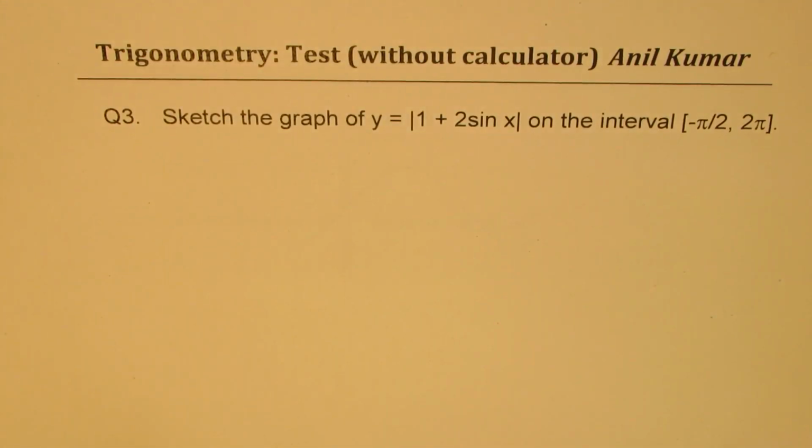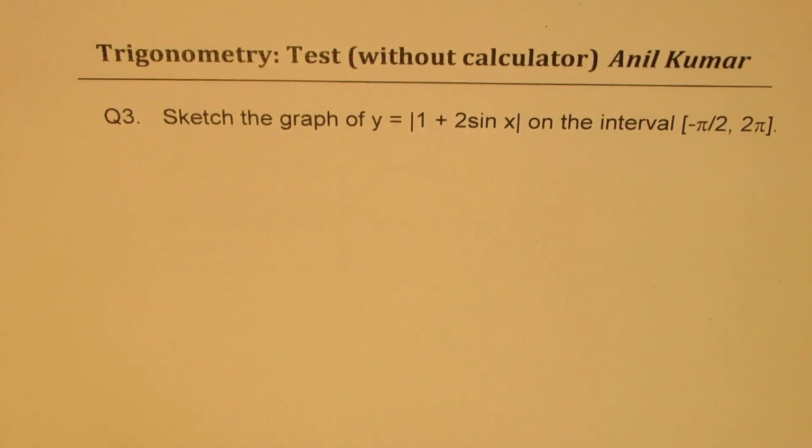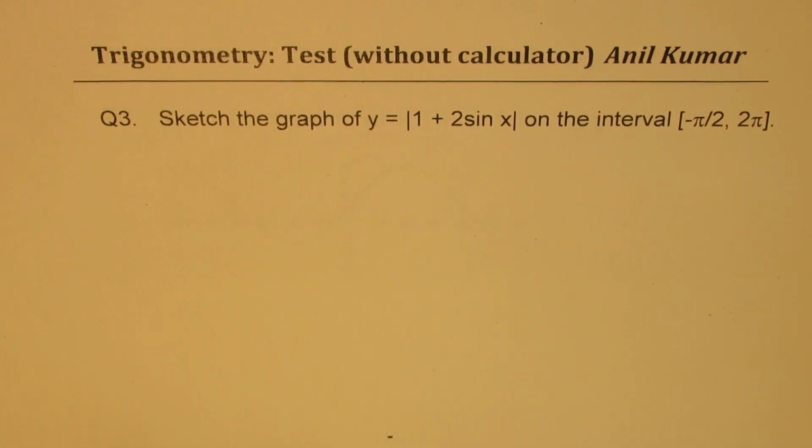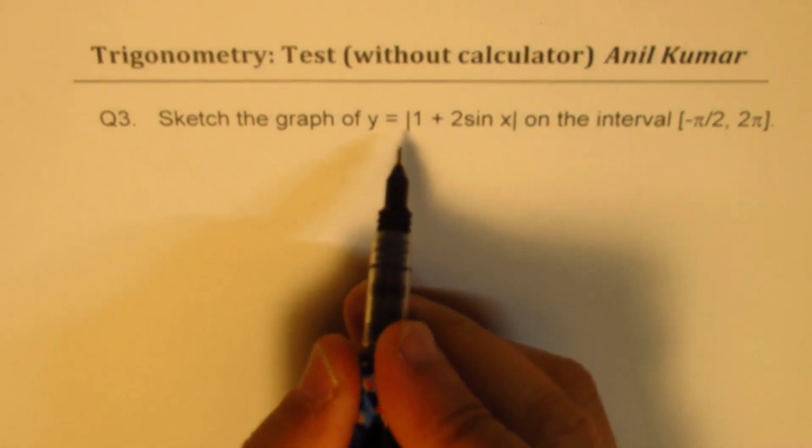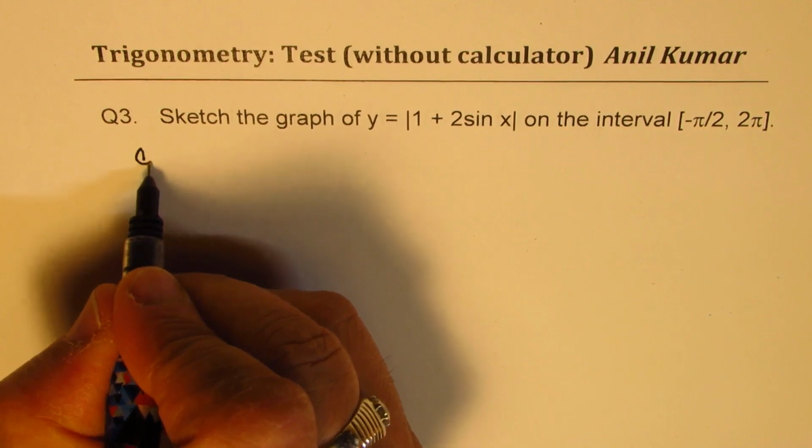Now let's take up the next question, which is: sketch the graph of y equals the absolute value of 1 plus 2 sine x on the interval minus pi by 2 to 2 pi. I'd like you to pause the video, sketch this graph, and then look into my suggestions. Let us see how to sketch this function. We'll again sketch it in 2 steps.